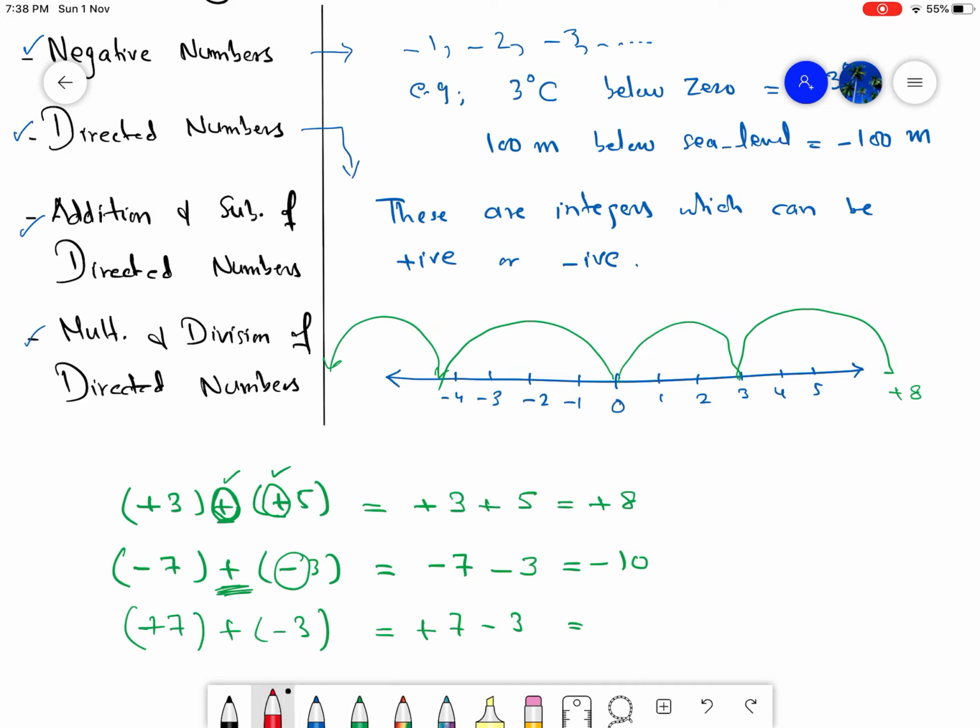So we can say that +7, if this is 6 and 7, for example. From here, +7 in this direction, and -3 is in the opposite direction. So -3, 1, 2, 3. This is -3 in the backward direction. So our answer is +4. And you can see that 7 - 3, basically it is 4.